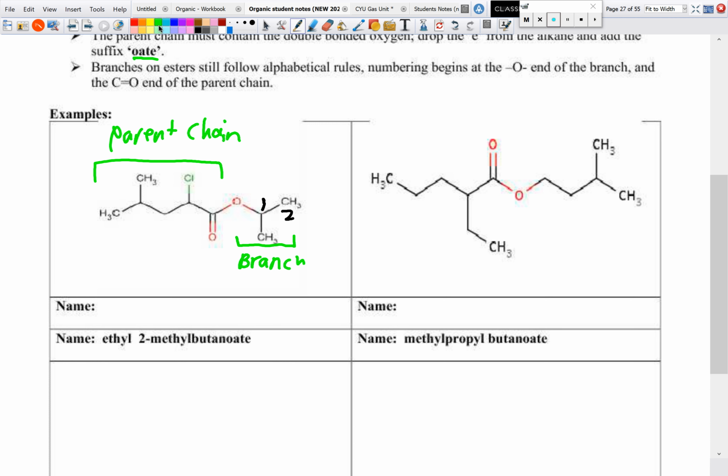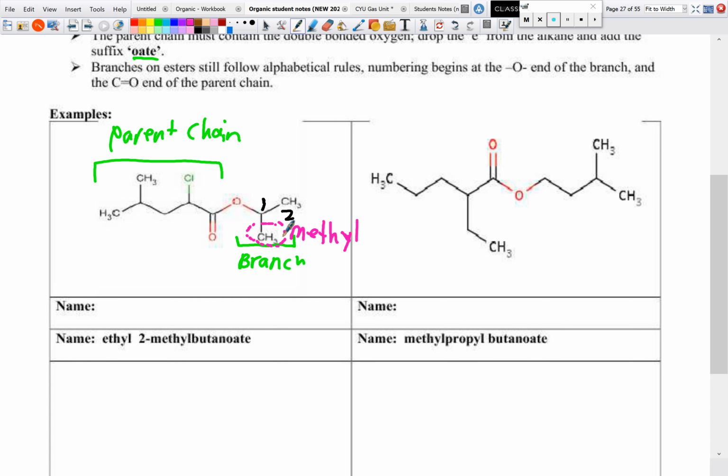Now the thing is, we'll notice that my longest continuous carbon chain did not include this one down here, right? Because this is still going to be considered a methyl branch.